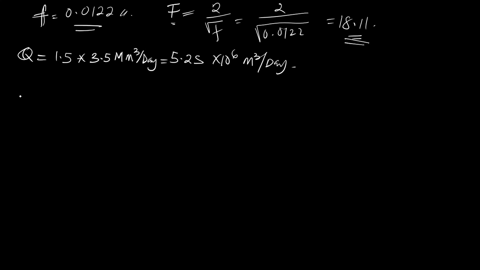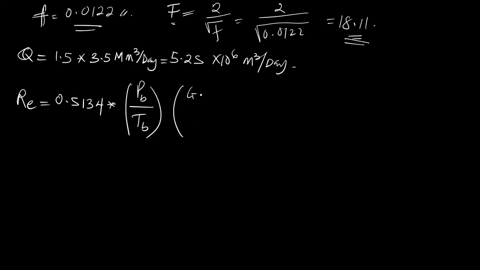To calculate our Reynolds number, first let's write down the equation of Reynolds number, which is Reynolds number is equal to 0.5134 times the base pressure divided by the base temperature times gas gravity times the flow rate divided by the viscosity times the internal diameter.